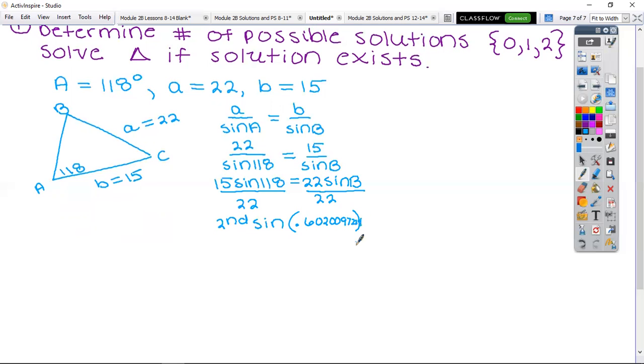You guys get that okay? So again, you're going to do second sine of that value. And angle measure of, what do we get? 37 degrees. Good. So that represents angle B. So that is capital B, and that is 37 degrees. So up here, I'm going to label that as 37 degrees.